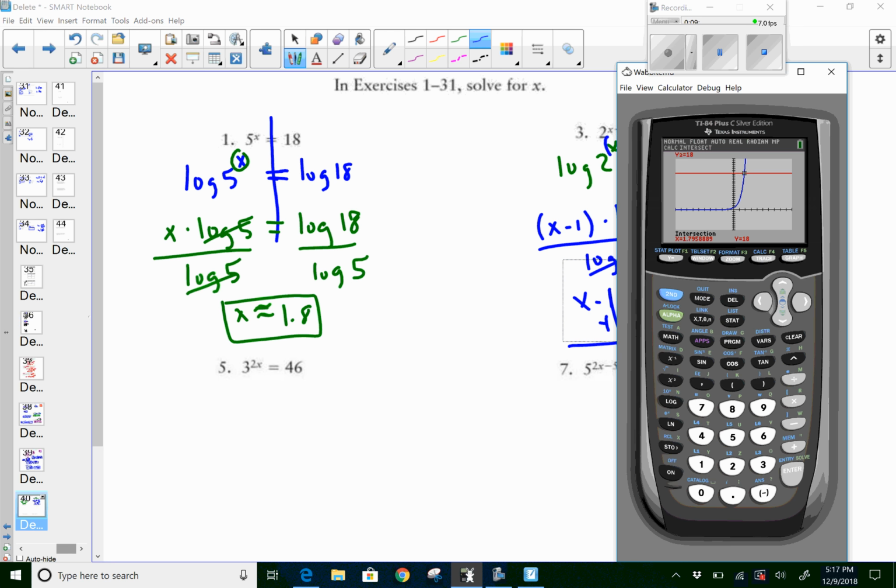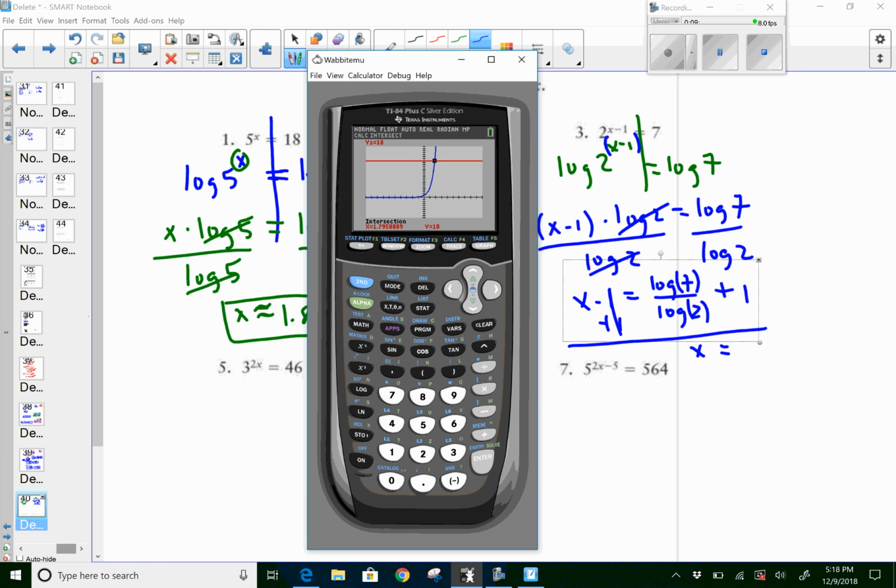Here is how you plug this into the calculator just to make sure. I don't want to assume that you know how to do the calculator part. I'm going to hit log of 7, close parentheses, divided by, oh, I did that badly. I want to do alpha y equals, option number 1. Always use that alpha y equals.